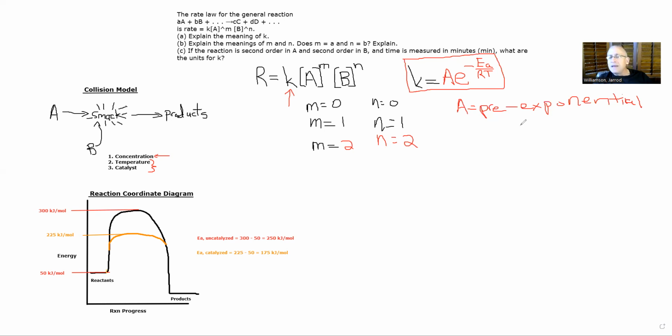It's basically how often the molecules collide. And this e to the minus Ea over RT has buried in it the temperature effect and the effect of a catalyst. I'll explain that in a moment.